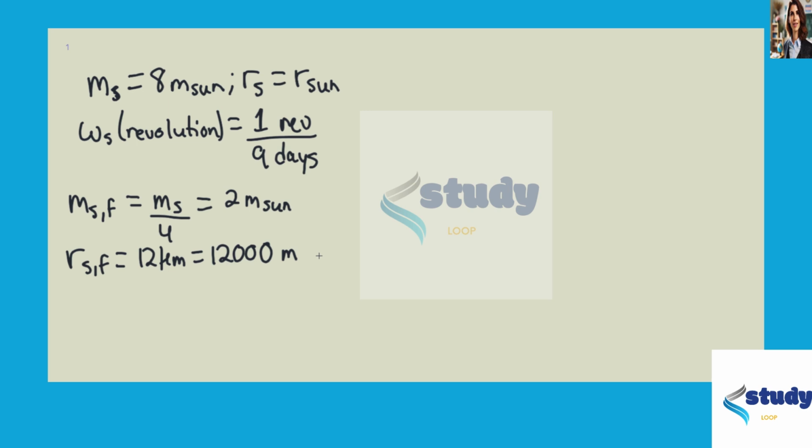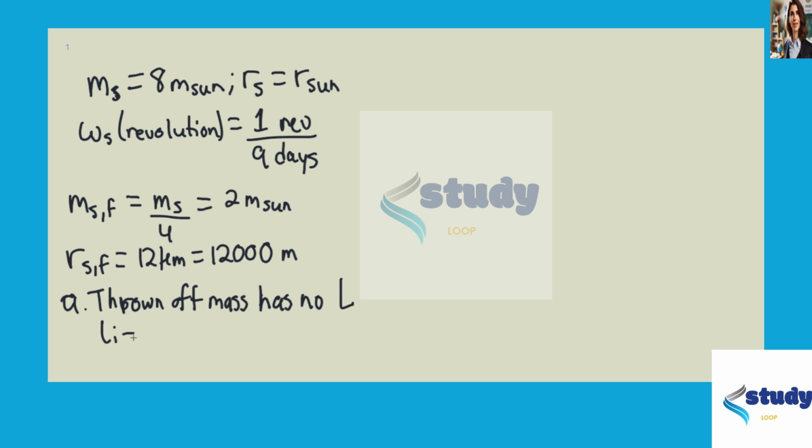Now, essentially, first of all, for part A, we should apply the conservation of momentum. So the thrown off mass has no L, angular momentum.